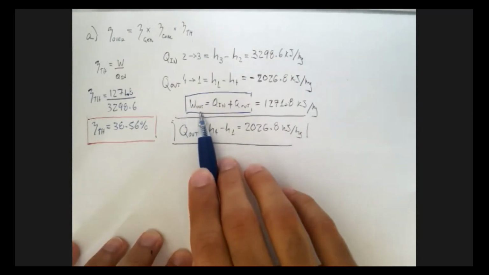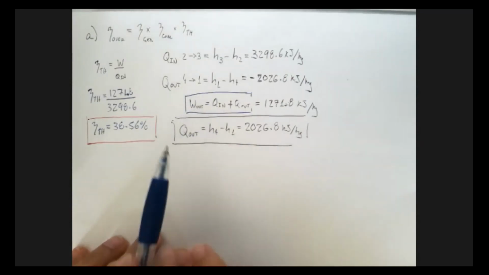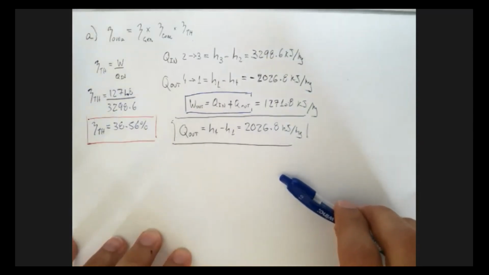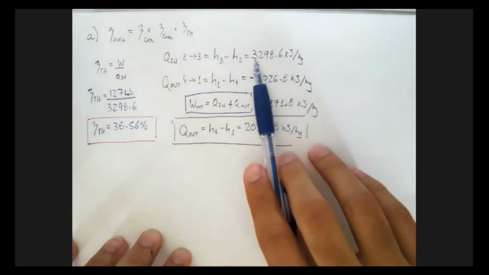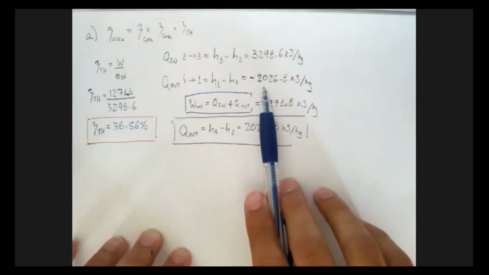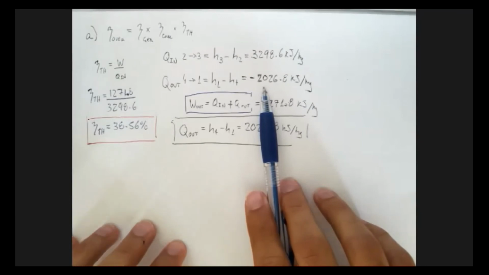The work output is just a measure of how much energy you put in and how much energy went out, right? It's just like a pot. You put $3,000 in and you took $2,000 out. So you have $1,000 left, right? So watch out. If you're putting $3,000 in and you're taking $2,000 out, you're not going to have $5,000 by the end of it. Yeah. Okay. Thank you very much.